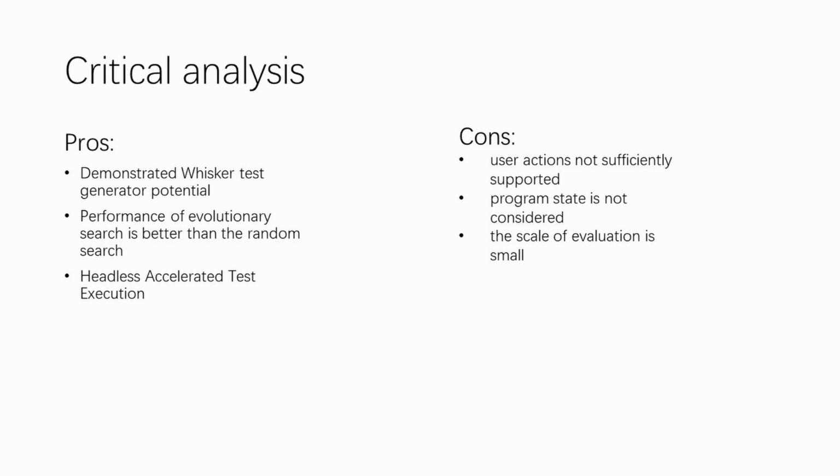And the paper overcomes some performance issues, like using accelerated test execution. The con is that I think user actions are not sufficiently supported. Program state is not considered. The scale of evaluation is small. That would be all. Thank you for listening.